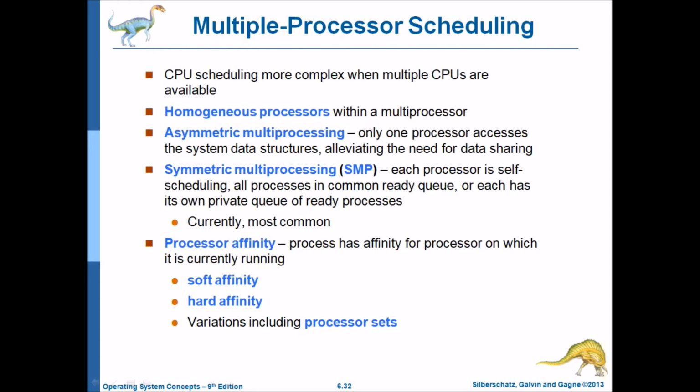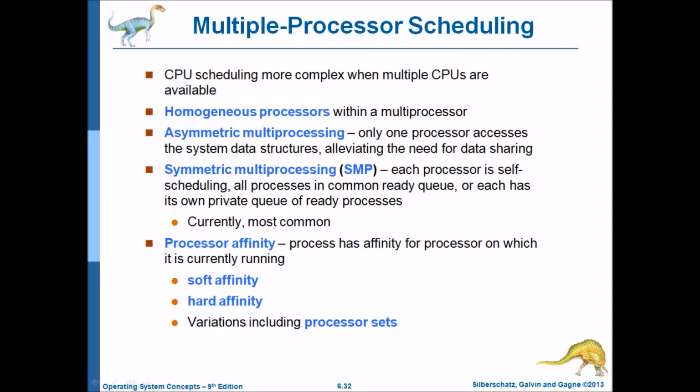Processors contain cache memories, which speed up repeated accesses to the same memory location. So if a process were to switch from one processor to another each time it got a time slice, the data in the cache for that process would have to be invalidated and reloaded from the main memory, thereby obviating the benefit of the cache.